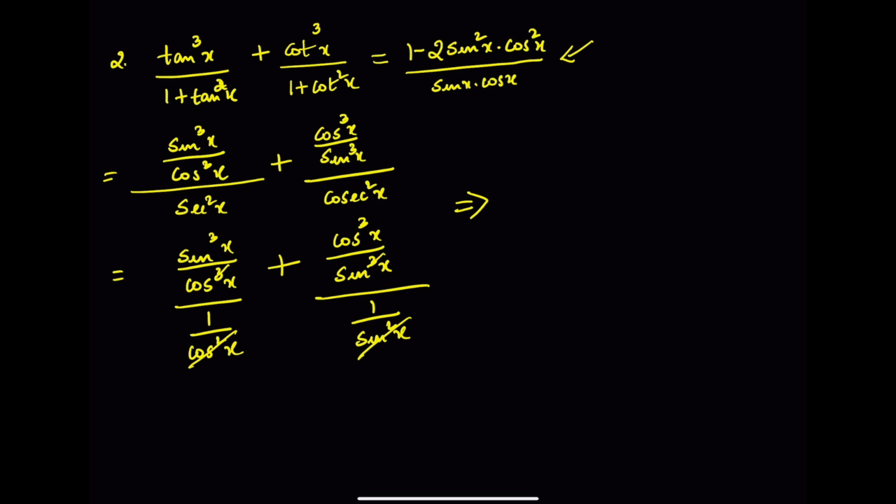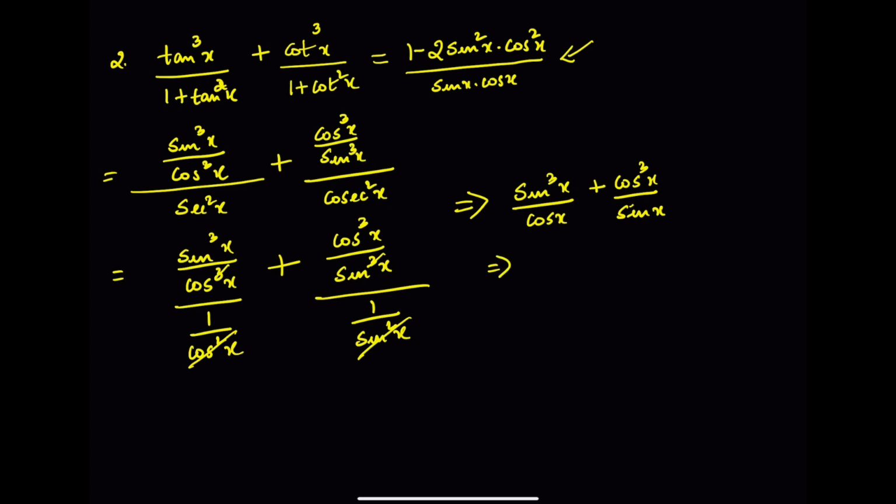Now the equation has changed to sin³x/cos x + cos³x/sin x. Now let's find the common denominator between these two parts of the equation.